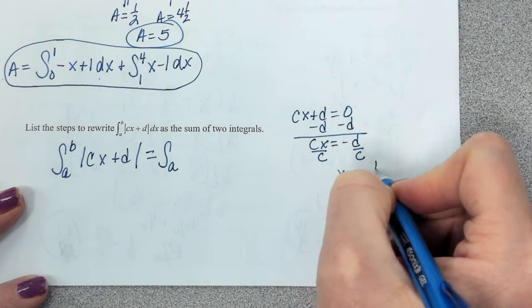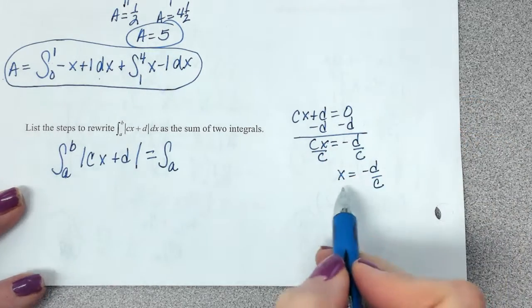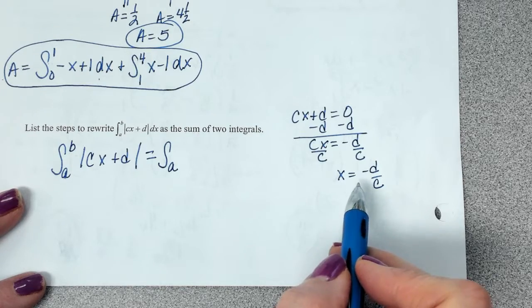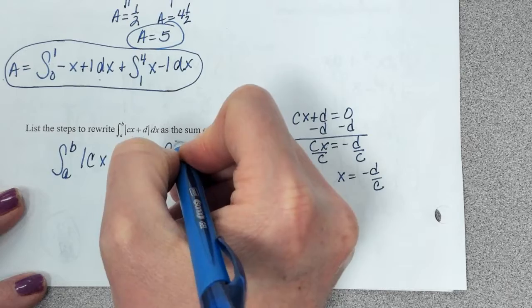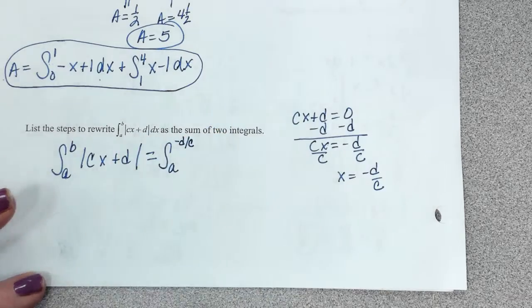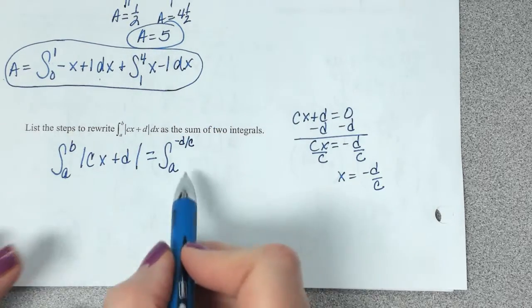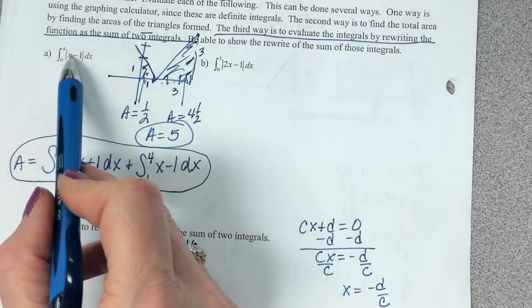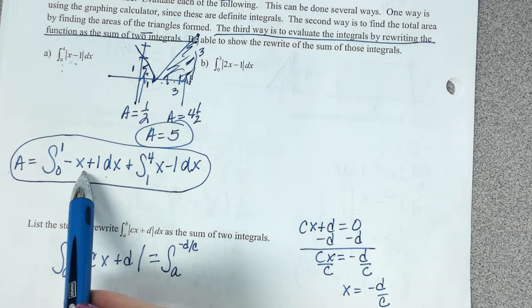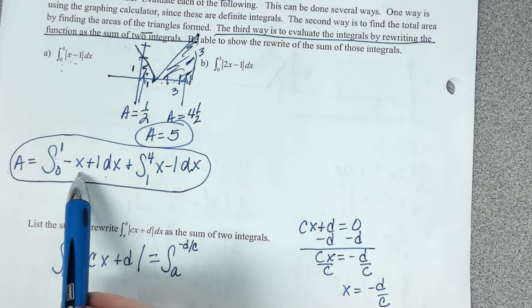So x would equal negative d over c. That's what the vertex would always be. So I would need to go from a to negative d over c. Now, what would this part be, though? What did this turn into? What do we do to this to get that? Multiplied it or divided it by what? Negative 1.